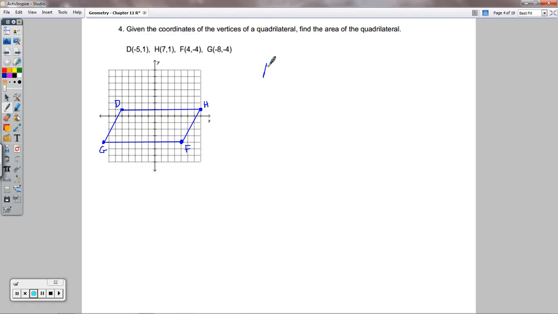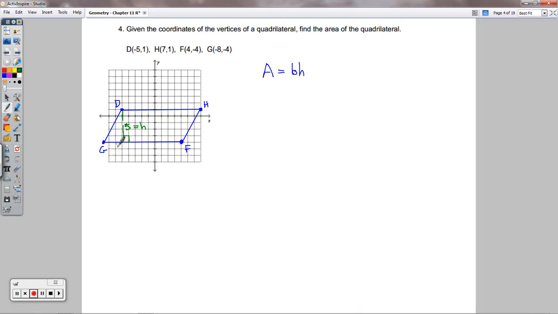So we're going to use the area is base times height. That's always our area for a parallelogram. But here our height is always that part that connects the perpendicular bases. So for this height, just count the number of jumps. You're going 1, 2, 3, 4, 5 up. So your height right there is 5, and then your base, just count.